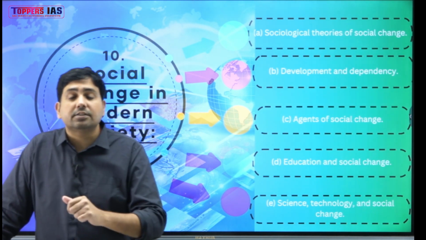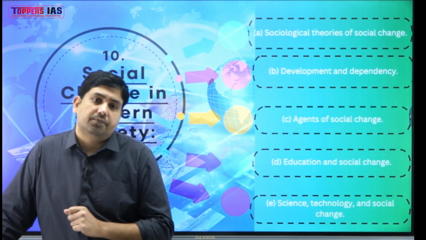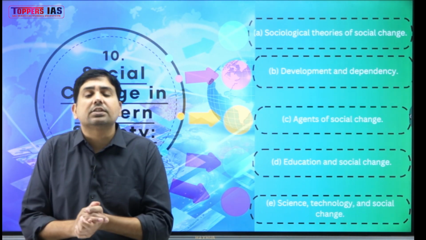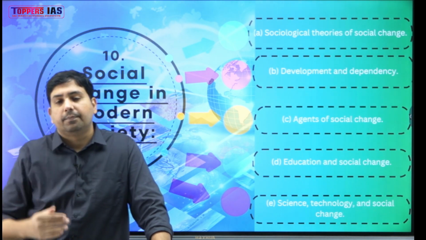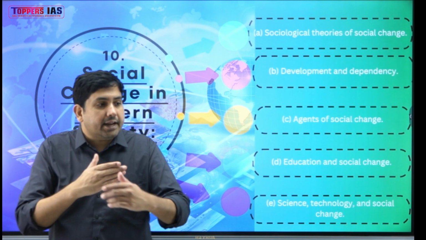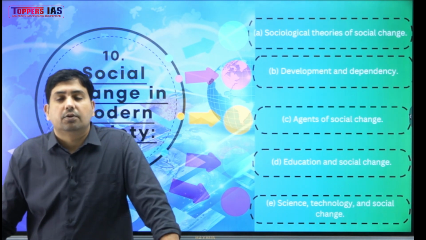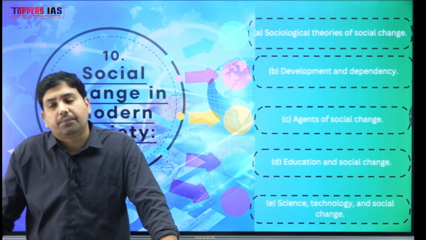This theory's main idea is that societies change and progress through a series of stages, stage 1, 2, 3, becoming more complex and more advanced over time.